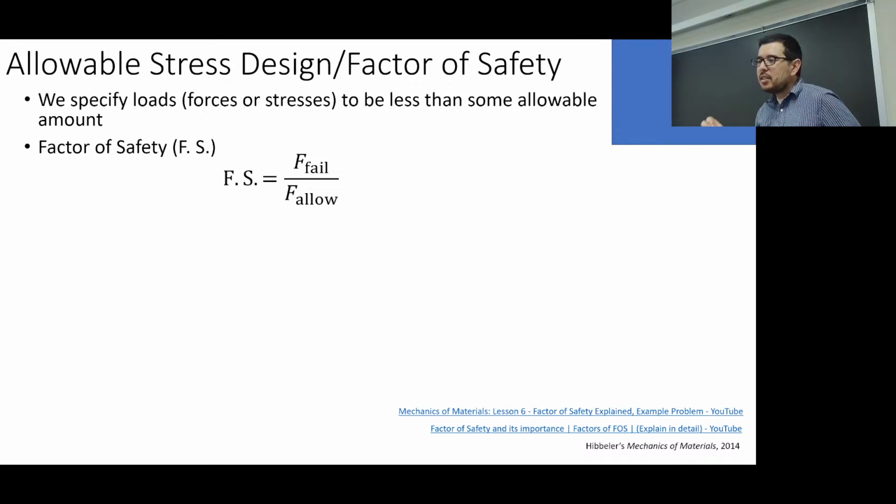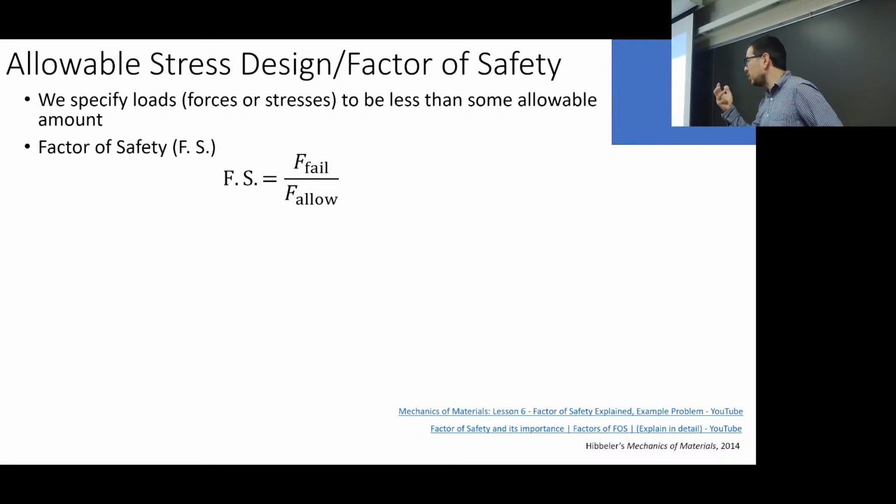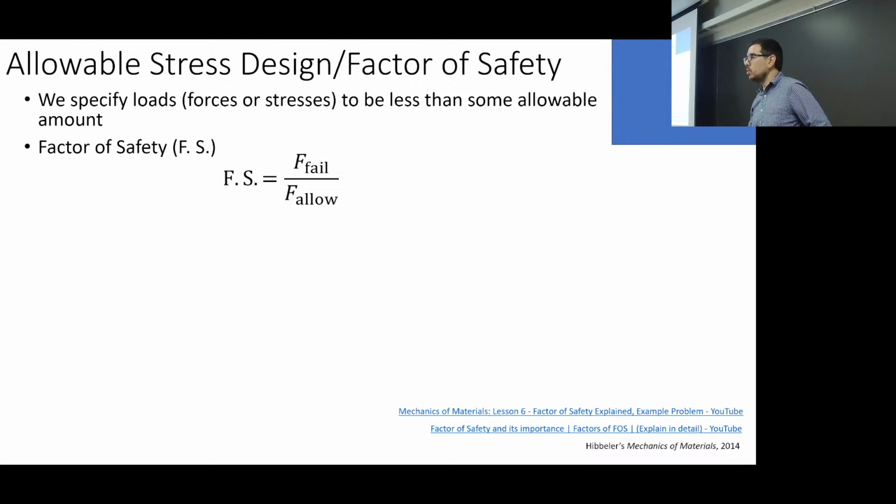In this case, I think we usually think about it in terms of when the thing actually fails mechanically. So when I calculate the stresses, if it's just uniaxial loading, this is when sigma is equal to S_Y, the yield strength. So this is the force at which it's going to actually fail.